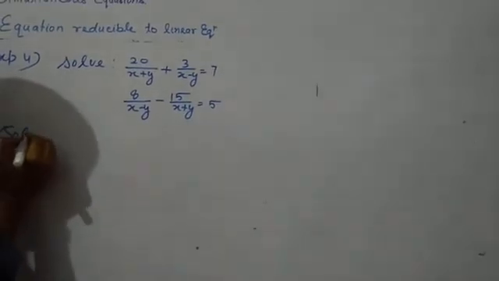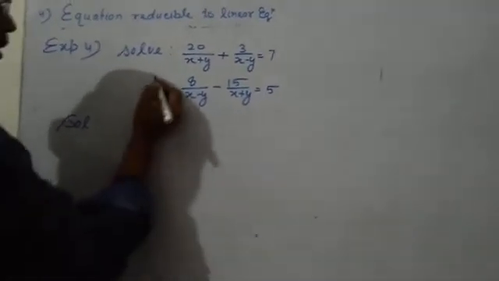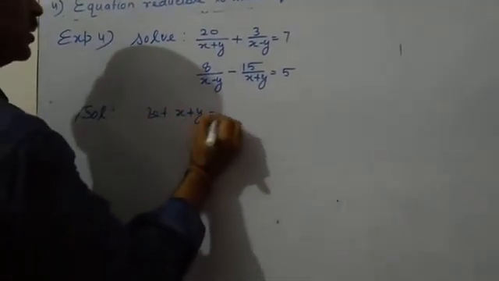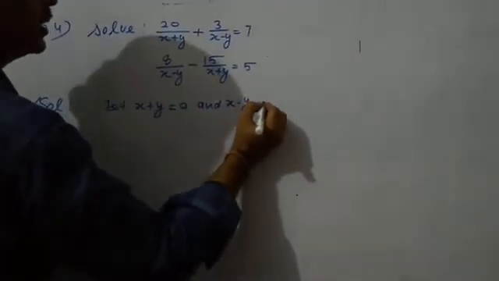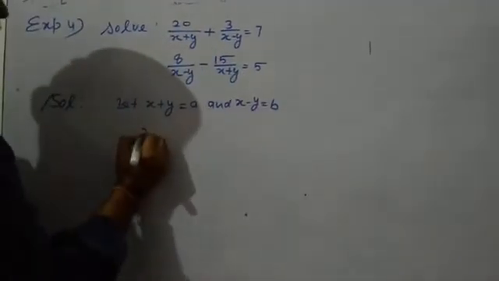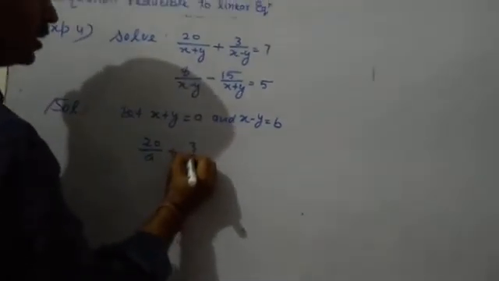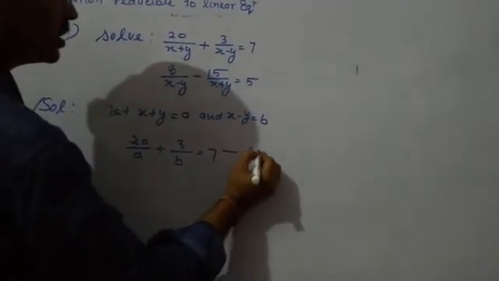Solution: let x plus y equal to a and x minus y equal to b. 20 upon a plus 3 upon b equal to 7. This is equation 1.